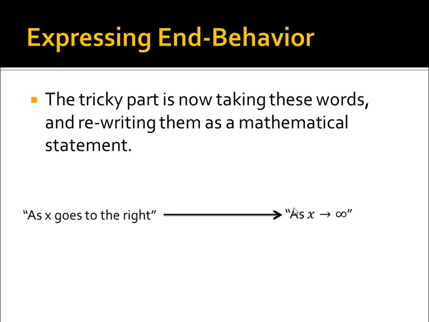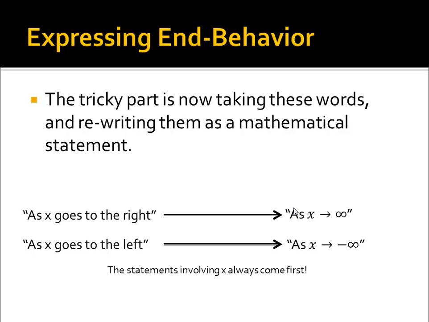They are approaching infinity. And as x goes to the left, we would say, as x approaches negative infinity, because they're getting smaller. These statements always come first. We always start with as x approaches infinity or as x approaches negative infinity.